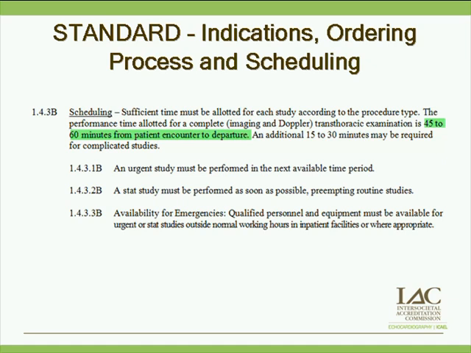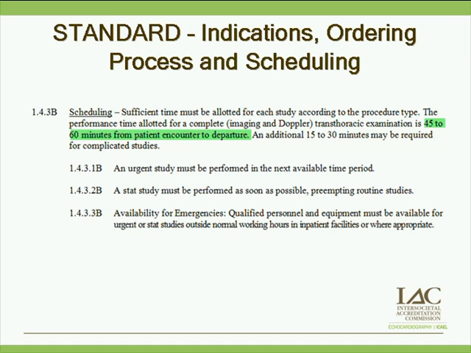This is actually laboratory time. The time the patient walks into your echo lab, you introduce yourself and you get started with preparation and then the examination. So it's 45 to 60 minutes. You may need an additional 15 to 30 minutes if the study is complicated.